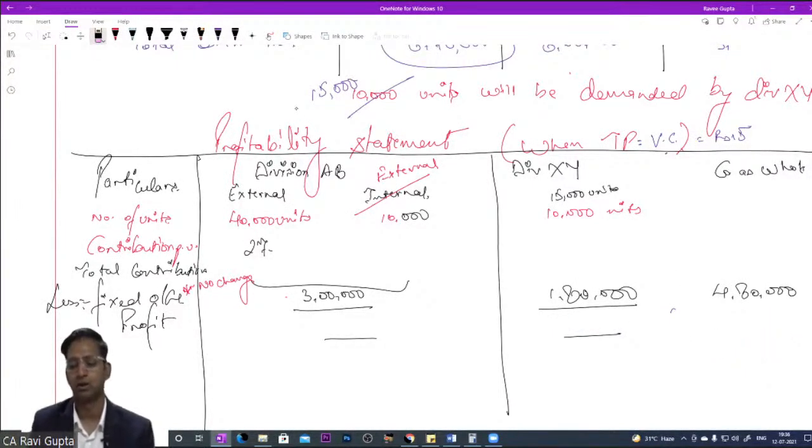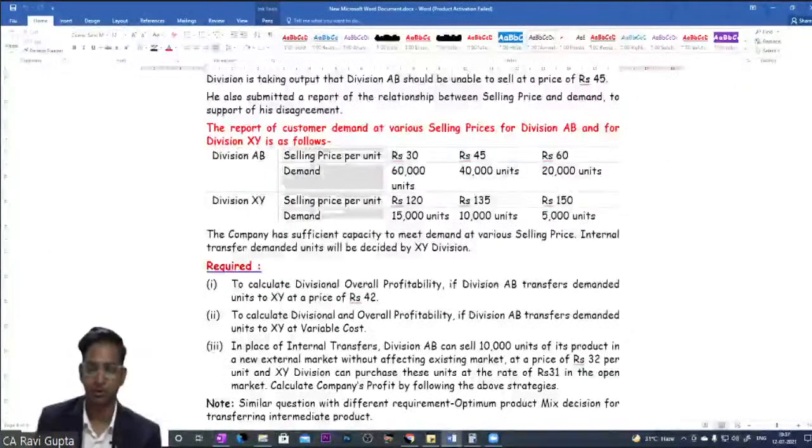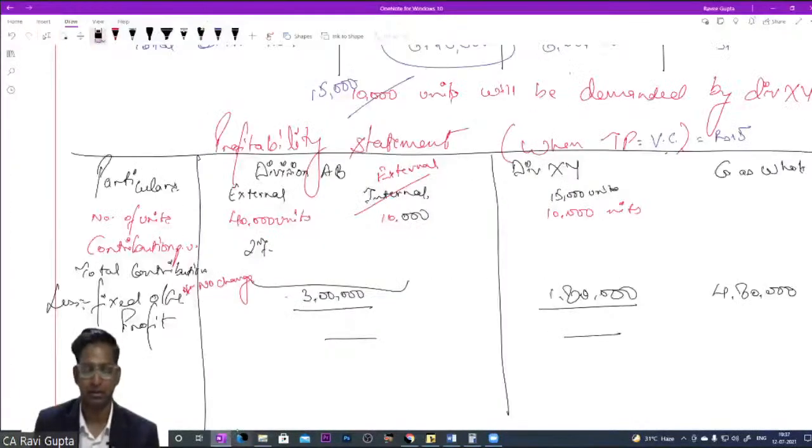Accordingly, our overall profitability will also change. So this part I am giving you as your practice. You need to just practice the third part. This is very clear. Now we are having a short break of 10 minutes. After that break, we will continue some more questions on transfer pricing.